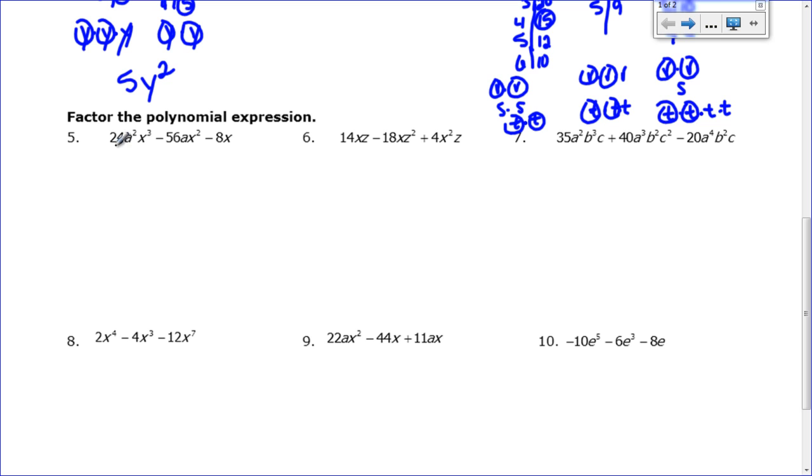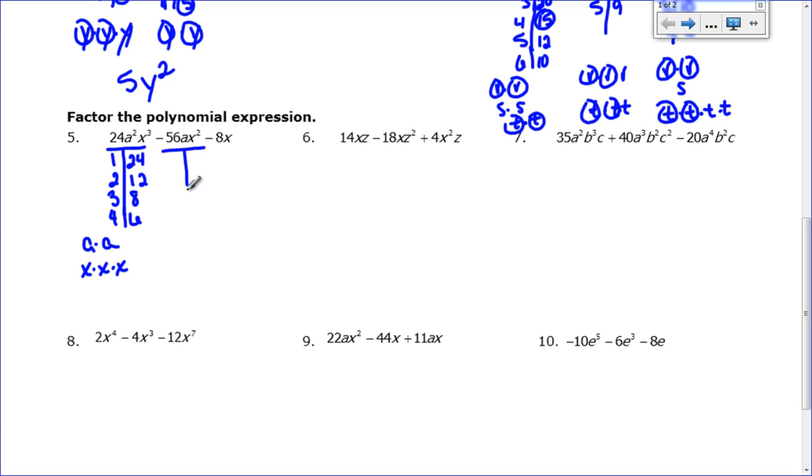So we're going to start with our t-charts. We're going to list all our factors. So I have 1 and 24, 2 and 12, 3 and 8, 4 and 6. And then I have a times a and x times x times x.